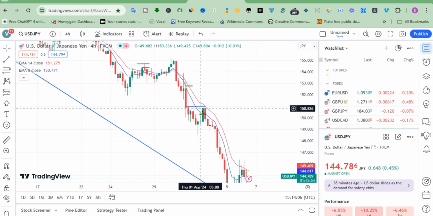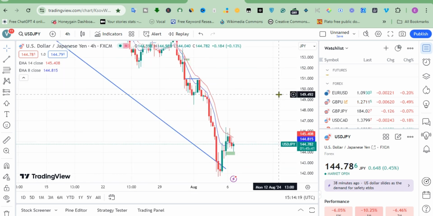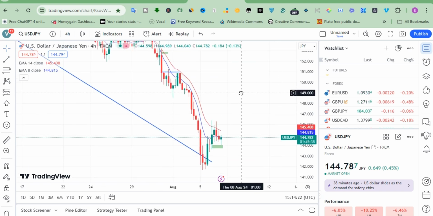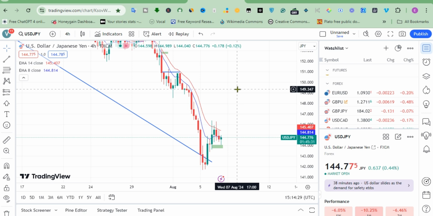So that is what the market is saying at the moment. It's going up and down. We got to this place, reversed, started going up, dropped a little bit. So you can see the market is on the down side.